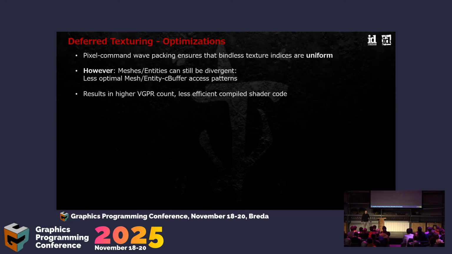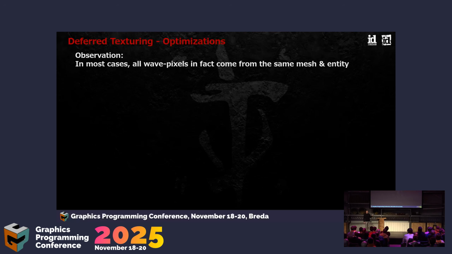And when this is the case, we still get a little bit of a VGPR overhead and less efficient code generation. One thing that we observed is that in most cases, we actually do have all pixels only coming from the same mesh or entity. And we can leverage this fact with a super simple trick.